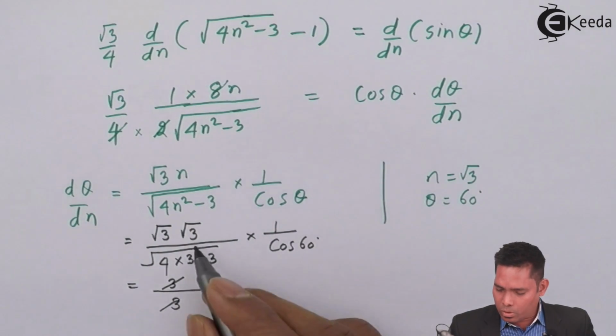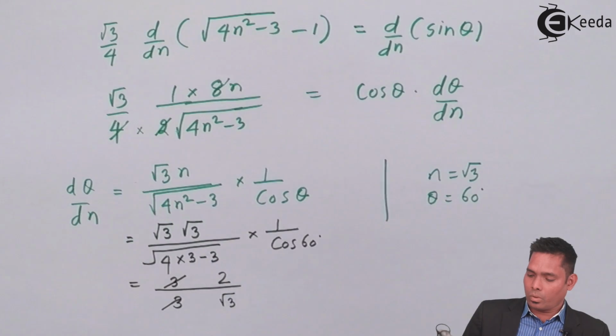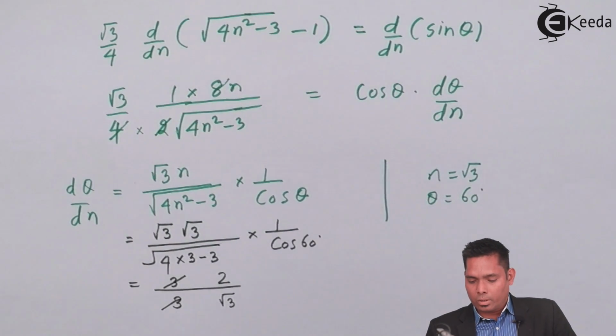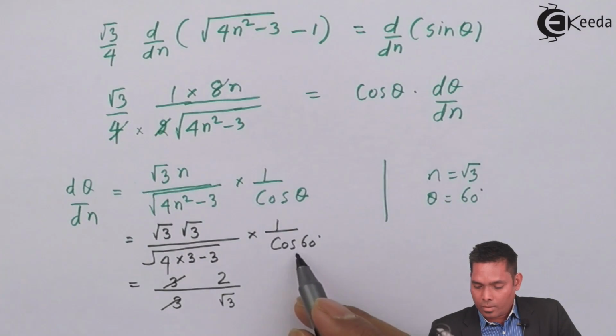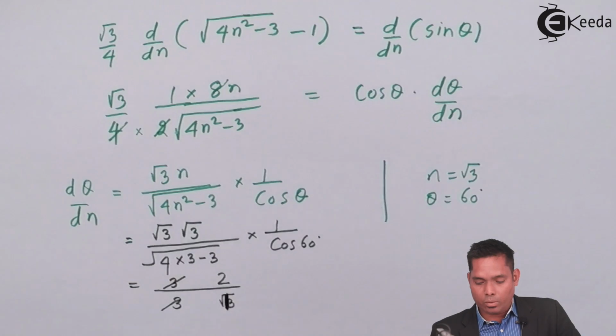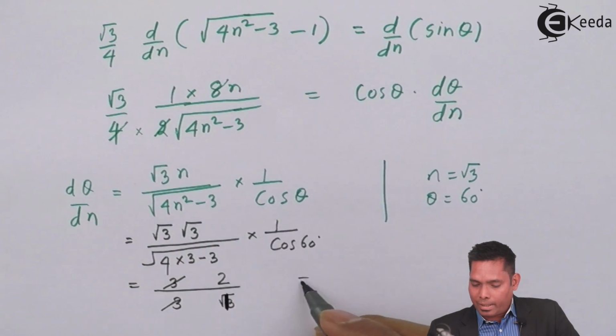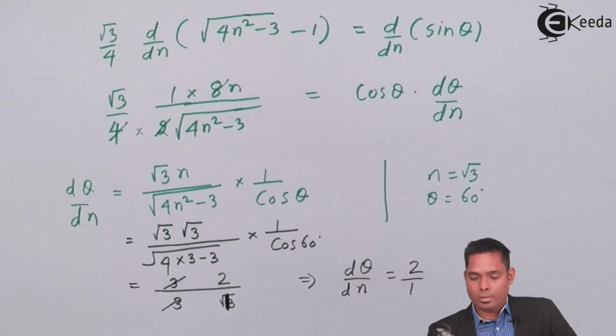This will cancel out. 1 upon cos 60, sorry, cos 60 is half, so it is 1 over 1 over 2, which is 2. So d theta over dn comes out to be 2 by 1.